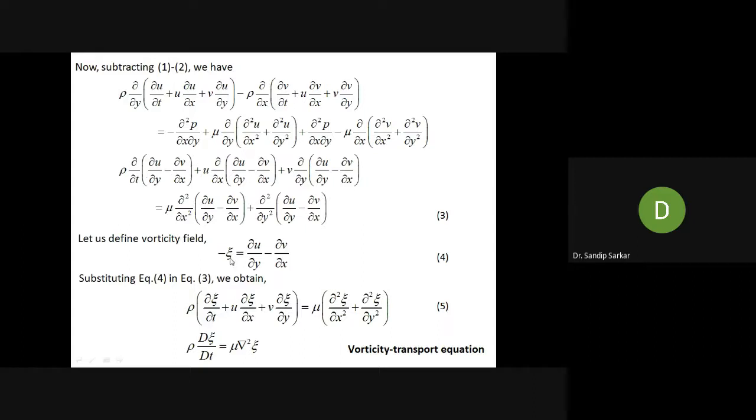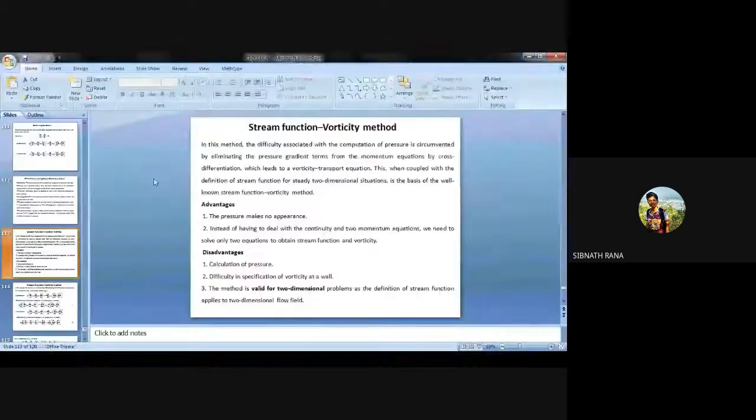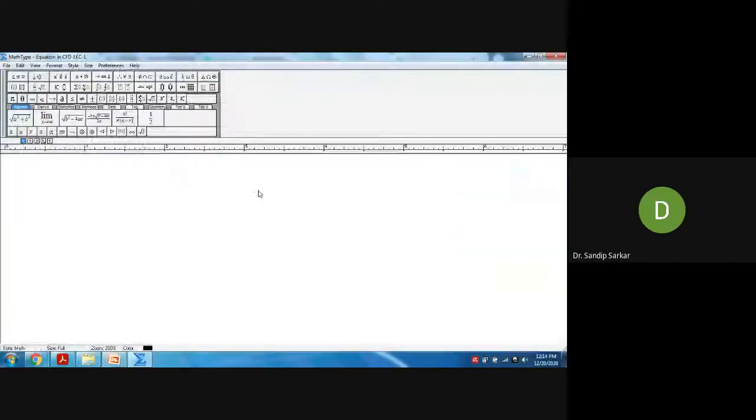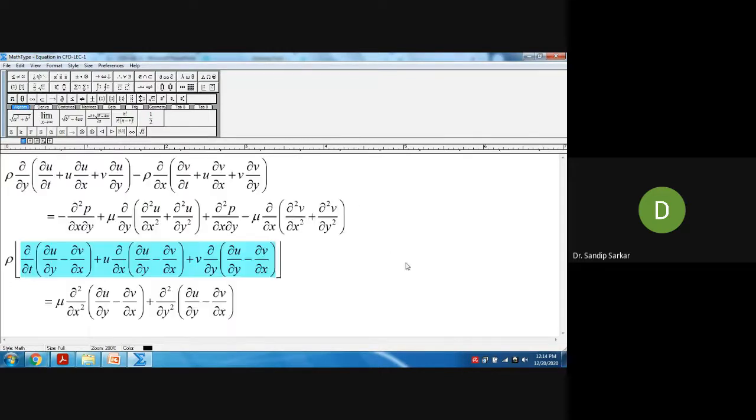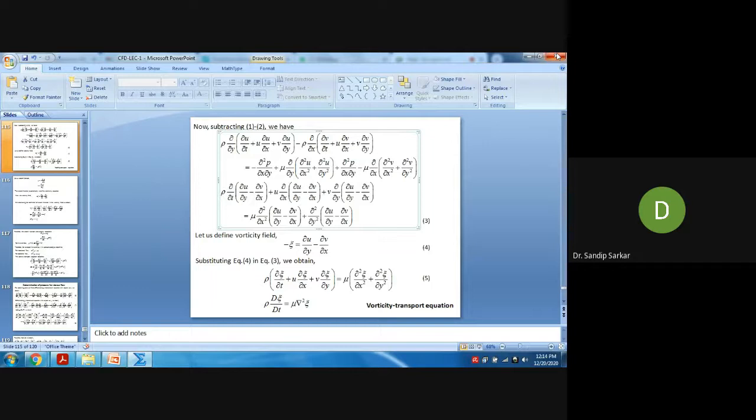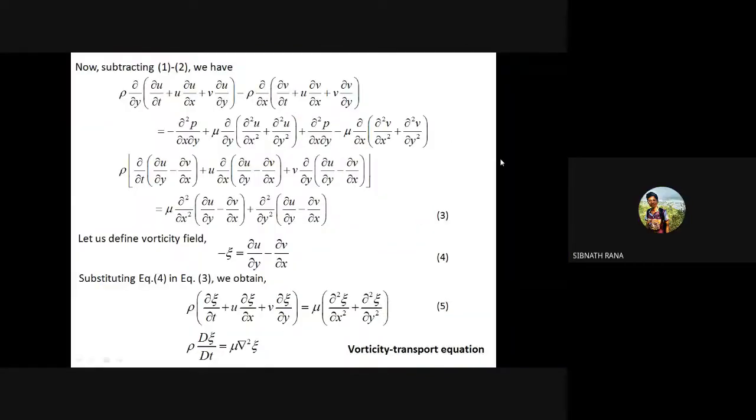Sir, in the second step, on the left hand side, there should be rho into u into del u del y, del x.